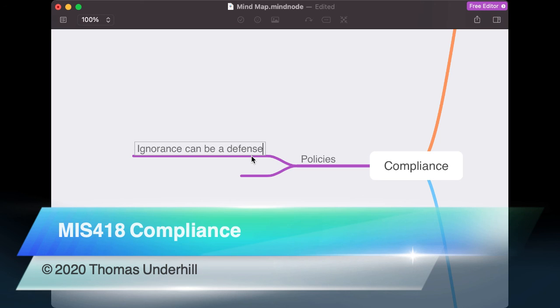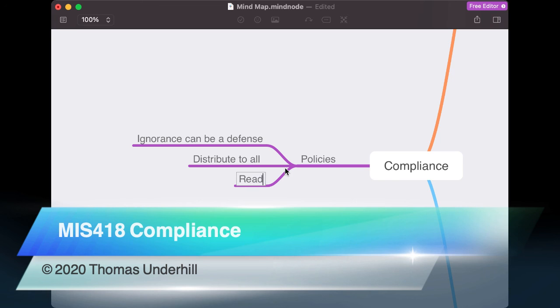So, if you're going to have a policy, you must distribute it to everybody. They have to be read and understood. So that means you might need to have them multilingual.